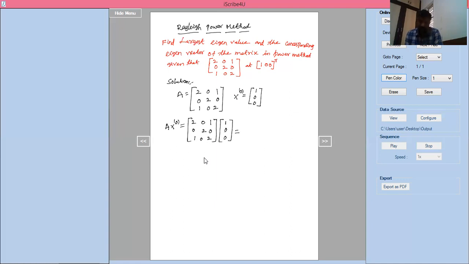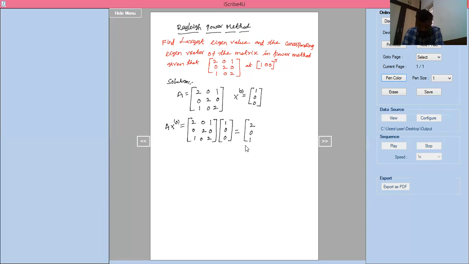If you multiply these two, the first row with this column gives 2 into 1 plus 0 into 0 plus 1 into 0, which adds up to 2. Next, 0 into 1 is 0, 2 into 0 is 0, 0 into 0 is 0, so 0. Next, 1 into 1 is 1, 0 into 0 is 0, 2 into 0 is 0, so you get 1.